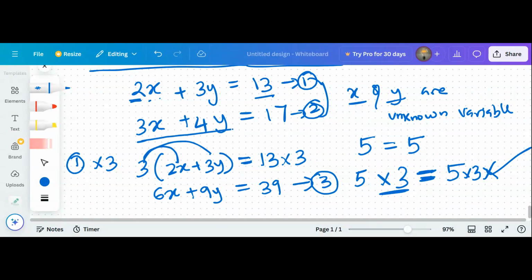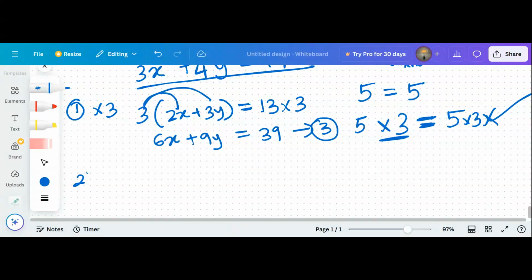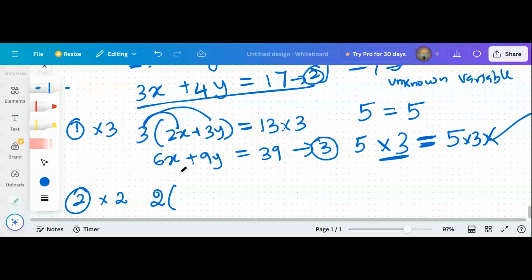Take this equation number 2 and multiply it by 2. So 2 into 3x plus 4y is equal to, here on this side 17.